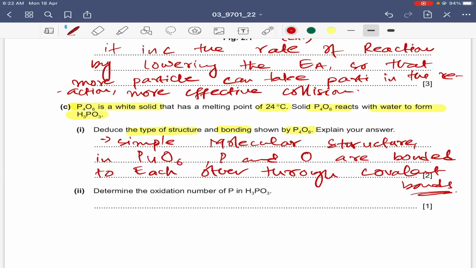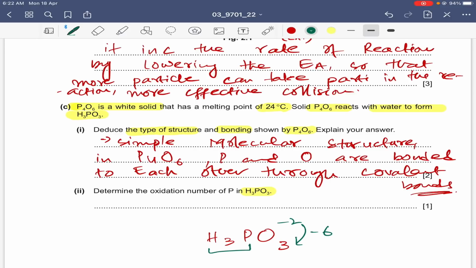So now the next part is determine the oxidation number of phosphorus in H3PO3. So in H3PO3, oxygen has an oxidation state of -2, so three oxygens become -6.